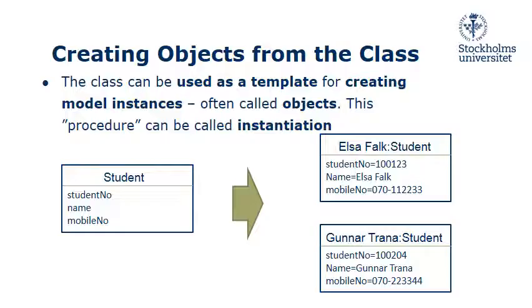Now we have created a class, and this class could be seen as a template for creating model instances, often called objects. And this procedure is called instantiation. We have the class, it works as a template, and based on that template we can create, in this case, two objects. And when we do that, we actually give values to the attributes, as you can see here.